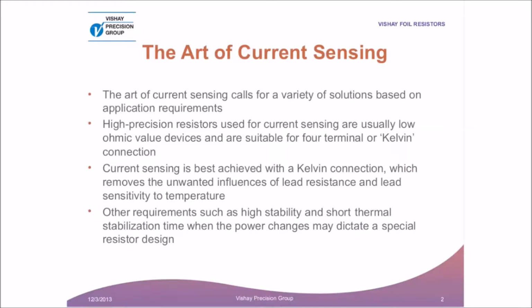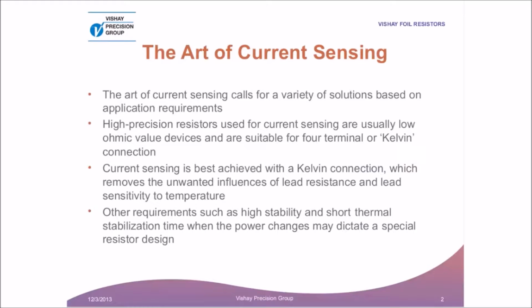In this webinar, we will discuss the techniques required to achieve precision current sensing. Current sensing requires a variety of solutions based on the application. Typically, high precision resistors that are used for current sensing are usually of low ohmic value and are suitable for 4-terminal or Kelvin connection, which we will discuss shortly.